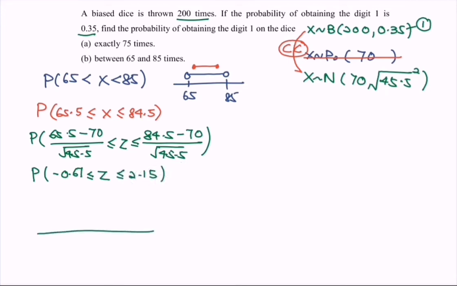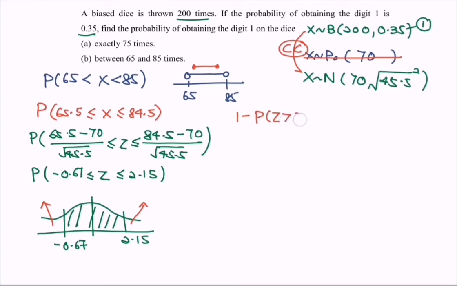Kindly refer to the diagram. We have negative 0.67, we have 2.15. Shade the region and create the formula, meaning that we have to eliminate this part and also the left hand side. So we have 1 minus probability that Z greater than 2.15 minus probability that Z greater than 0.67.